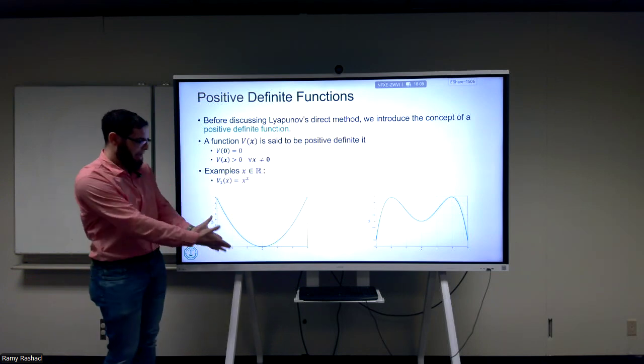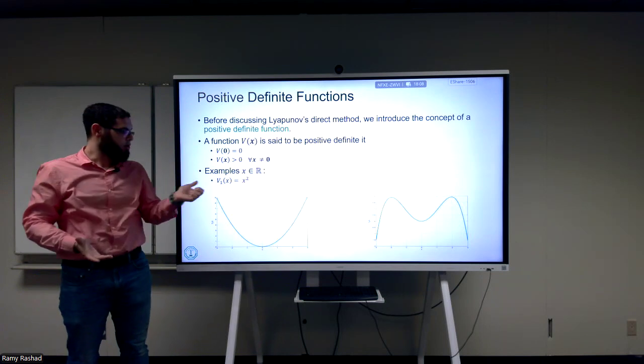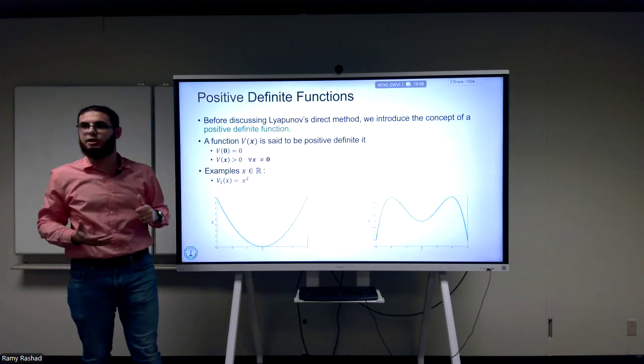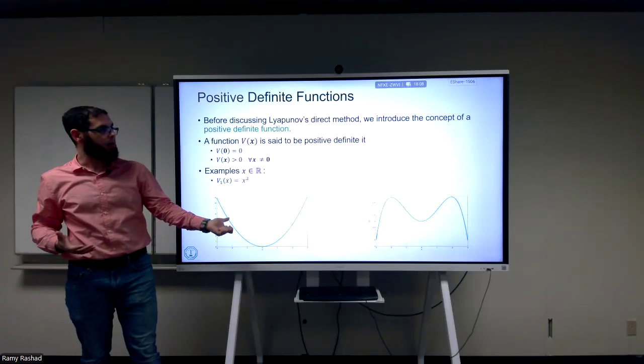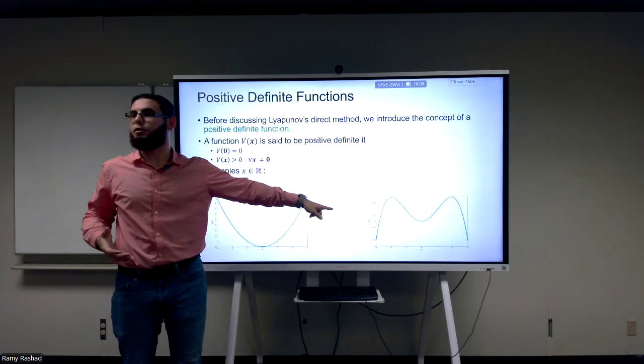Which means that it has this shape, just like a parabola. So V of x equal to x squared is an example of a positive definite function. This is also another example of a positive definite function.